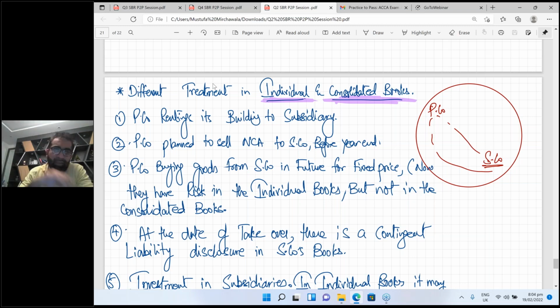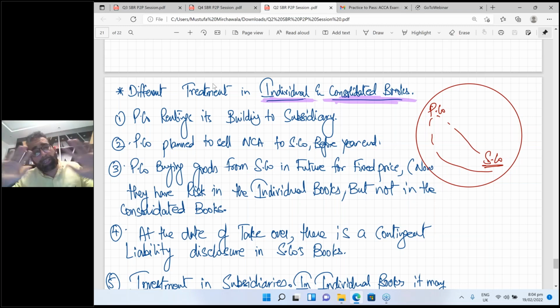Now in that question J, look at me and listen very carefully. It was given that P company has signed an agreement with S company that after 5 or 10 days of the year end, the parent company will transfer its non-current asset to S company.